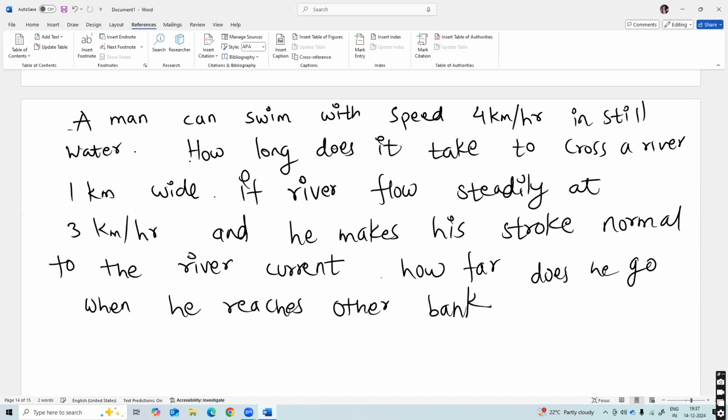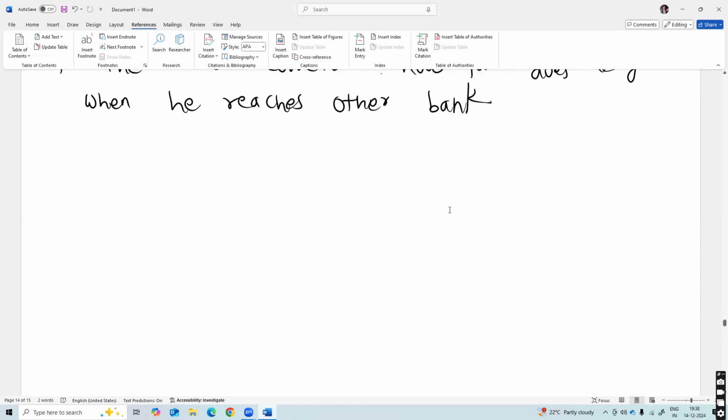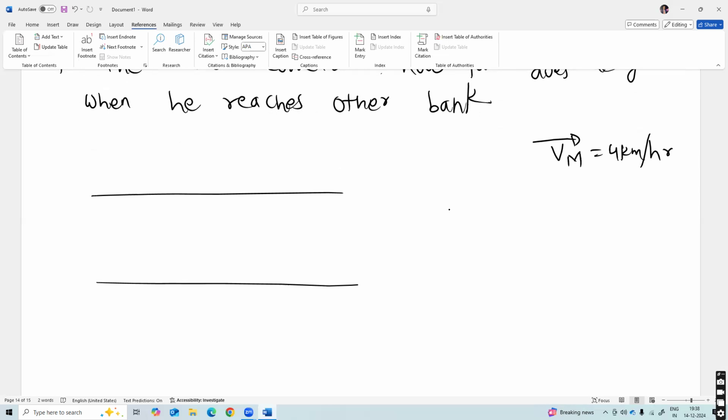So a man can swim with speed 4 kilometer per hour. Let's write the velocity of the man as 4 kilometer per hour, in still water basically. This is the velocity of the river, given as 3 kilometer per hour.